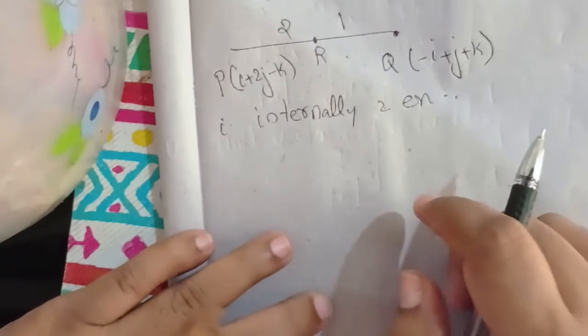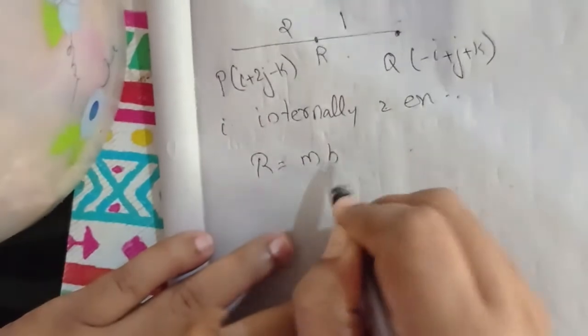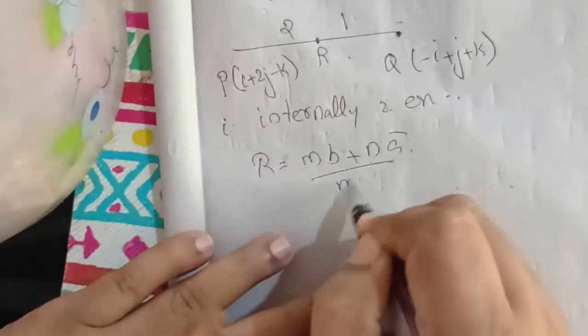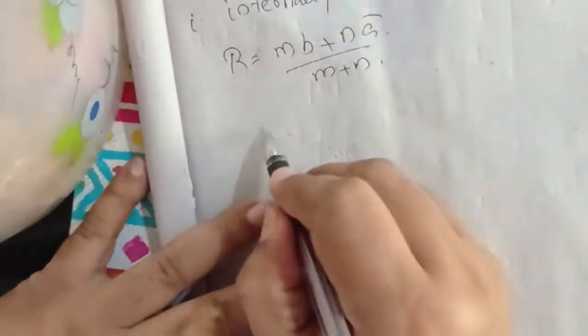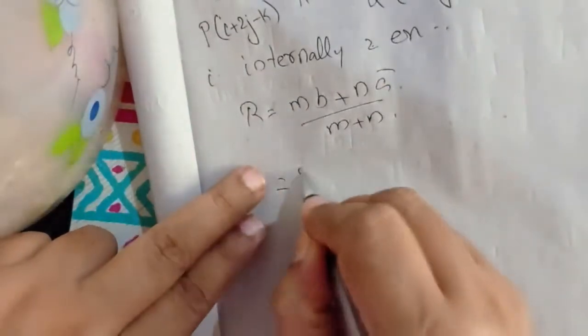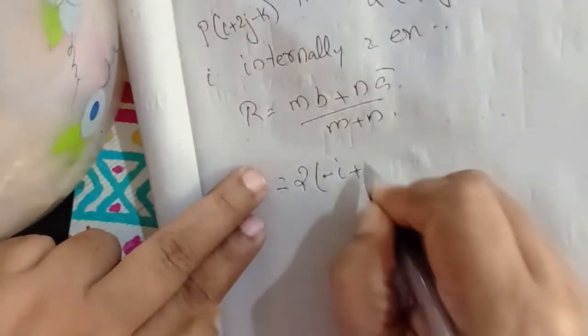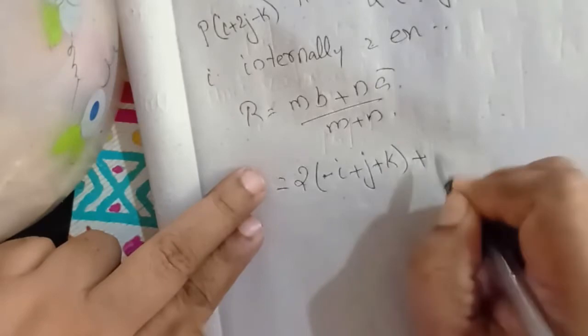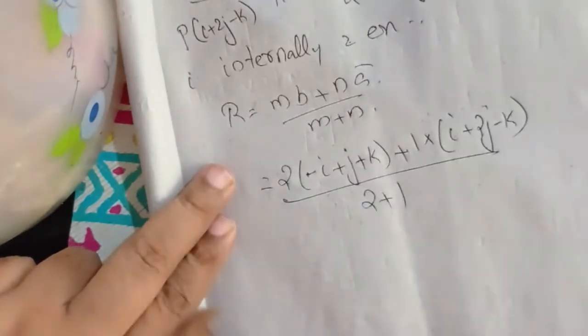You remember what is the formula? R is equal to mB plus nA by m plus n. Same section formula. Understand? m means 2 into, here B means minus i plus j plus k, plus 1 into i plus 2j minus k, by 2 plus 1.